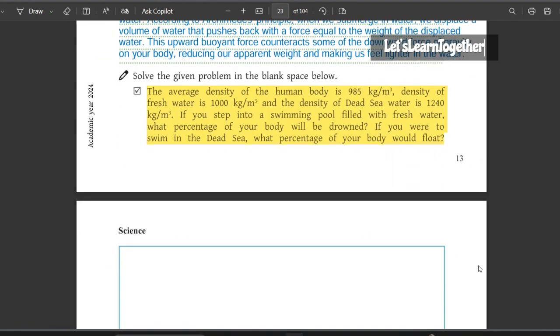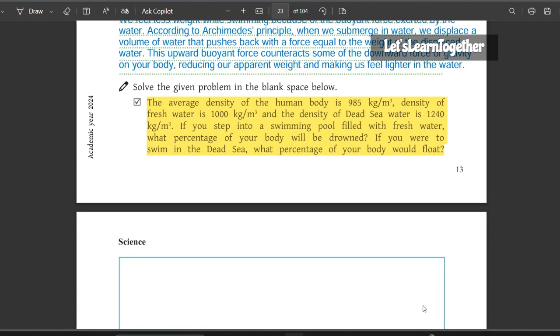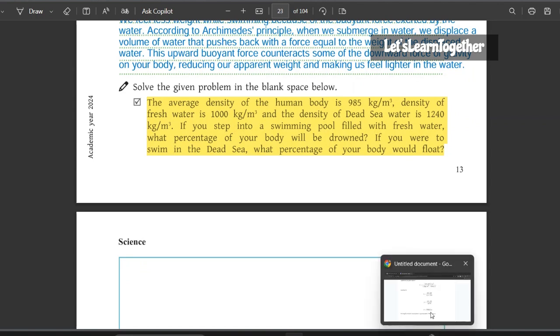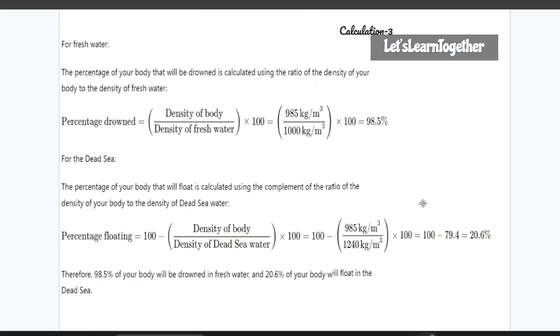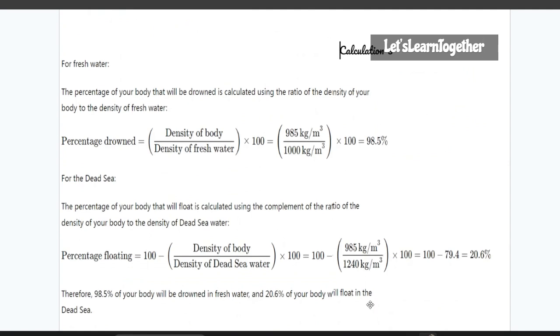All right, now let's see the next question, which is also a mathematical calculation. Now we will be solving this. Okay, so this is basically the calculation 3. This is very easy, as I told you before, that there is a specific formula to determine the percentage of what portion of any immersed body is drowned.